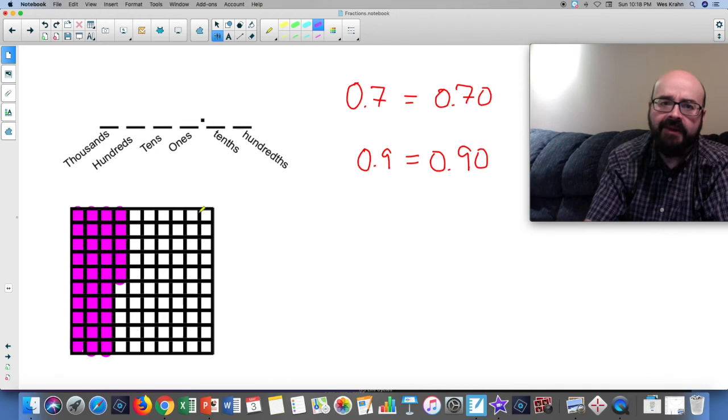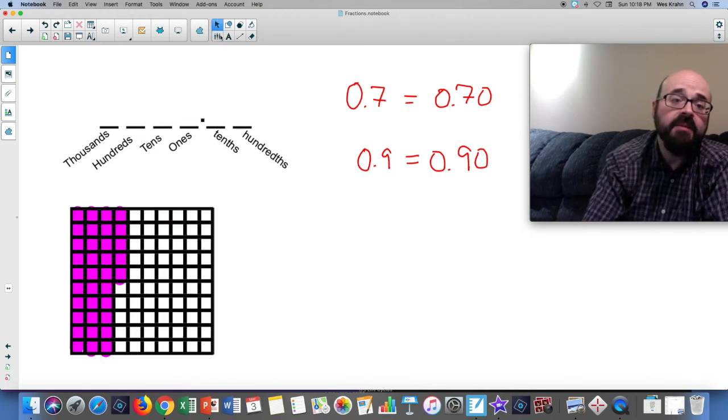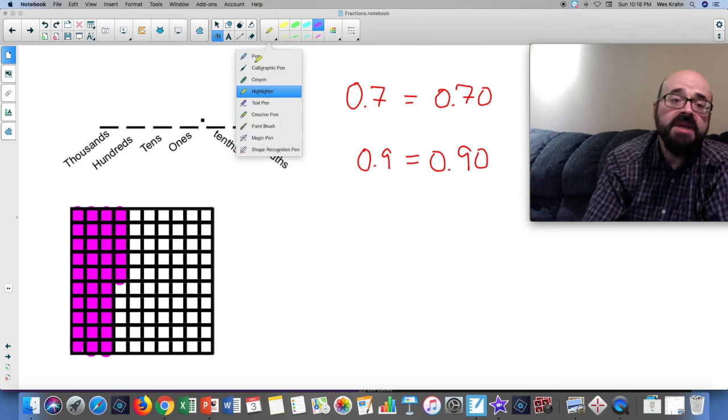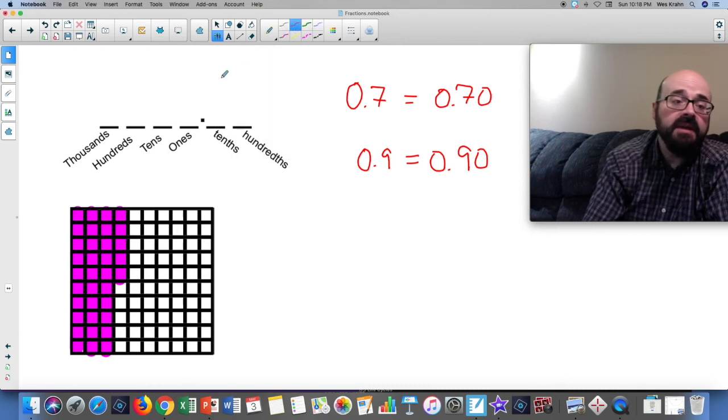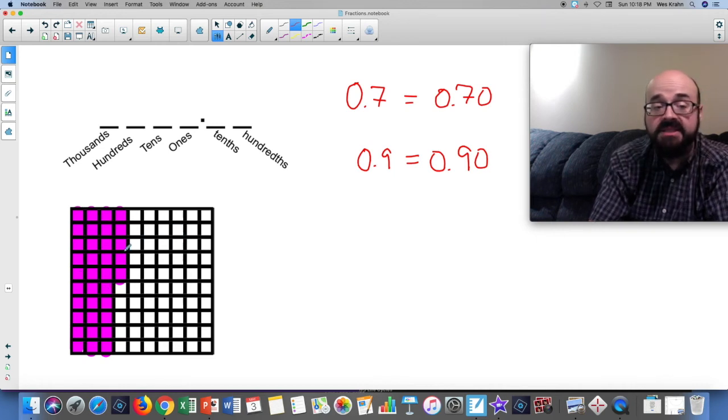What happens then? Well, if we follow the pattern, this is what happens. I'll use a pen for this, and I'll use a red one. Well, I know I've got 1 tenth here, 2 tenths here, 3 tenths. It's still less than 1, so it's going to be a 0 here as a placeholder.